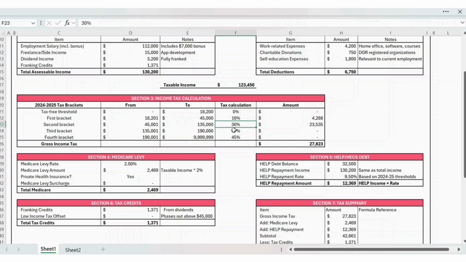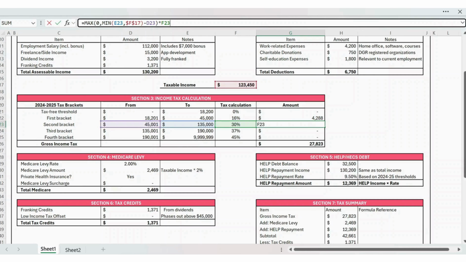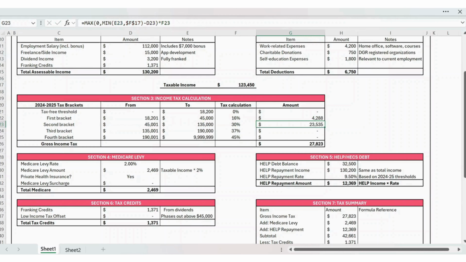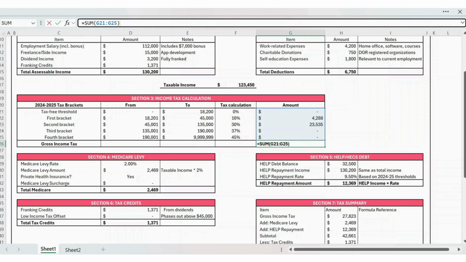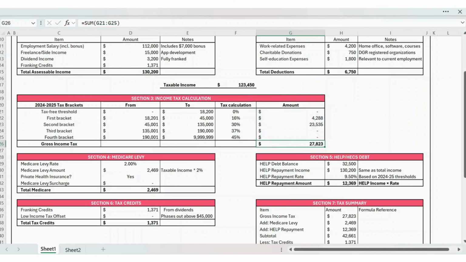Pays 30% on $78,450, which is $123,450 minus $45,000, equals $23,535. Brackets 4 and 5. His income doesn't reach these, so $0. Summing these up gives the gross income tax of $27,823. This is the tax before any offsets, levies, or credits.